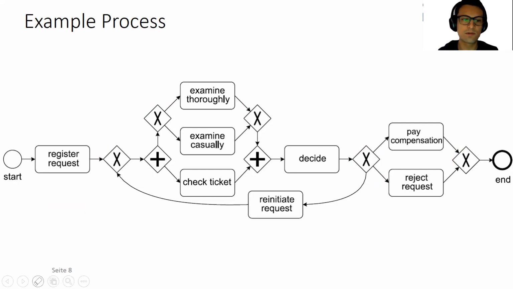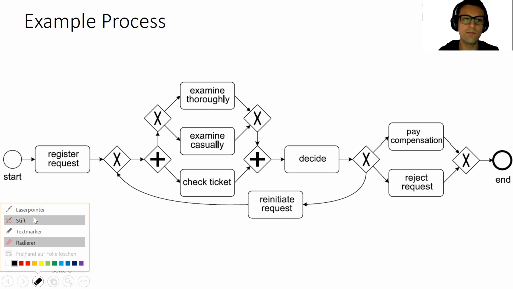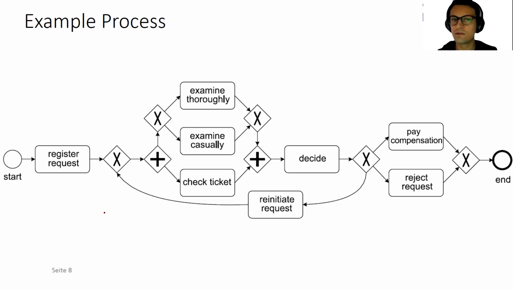Now there's two diamonds which have a plus, and these diamonds basically represent the possibility, or actually the explicit presence of concurrency or parallelism.